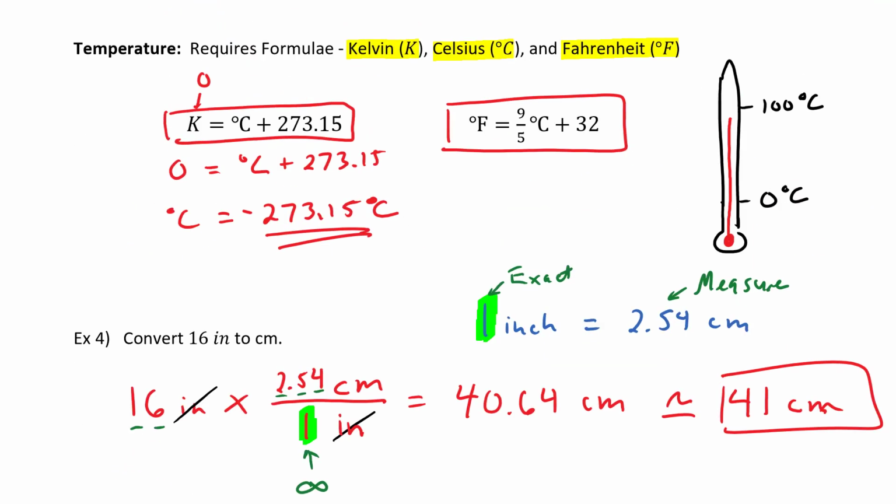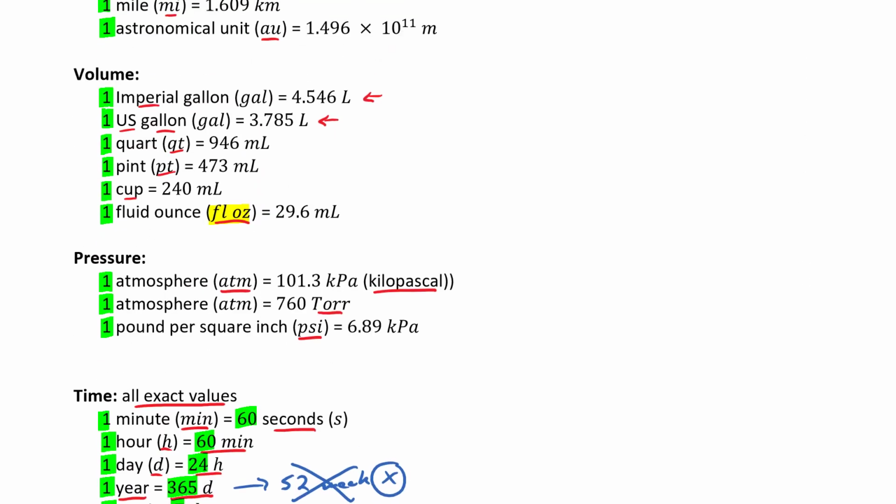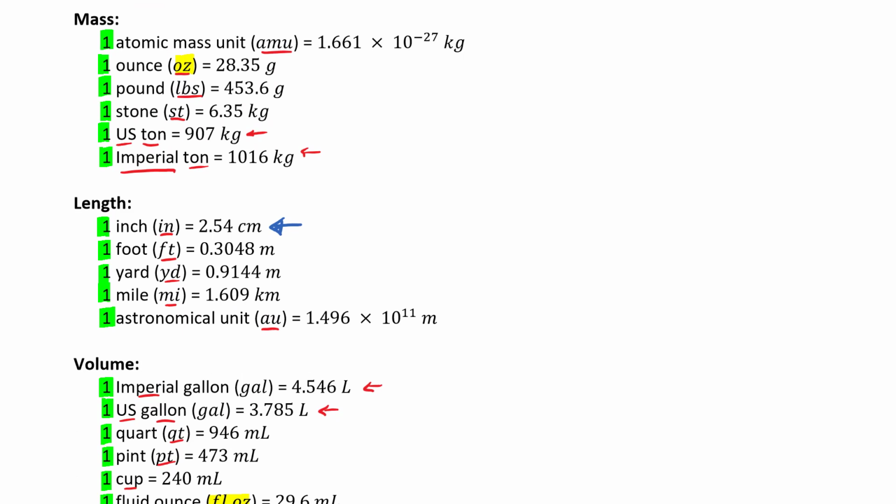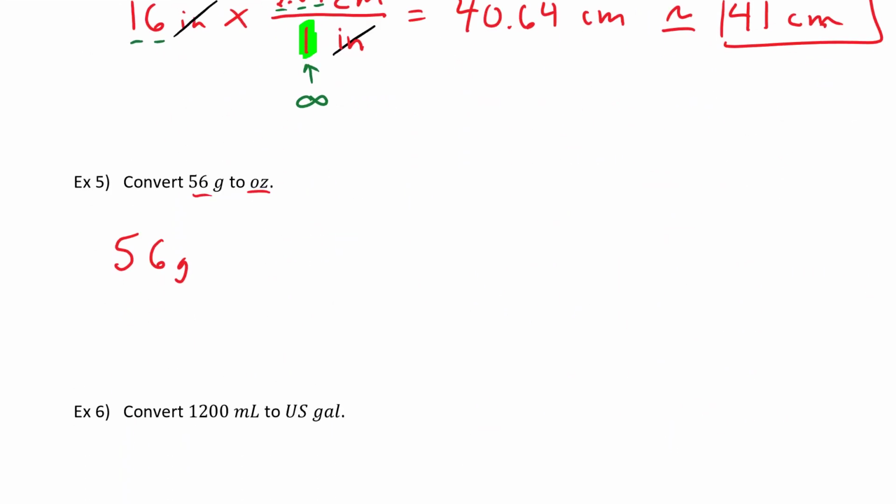Let's try the next one. 56 grams. So I want to go from grams to ounces. Let's go check that out on our chart. Grams to ounces right here. 1 ounce is 28.35 grams.